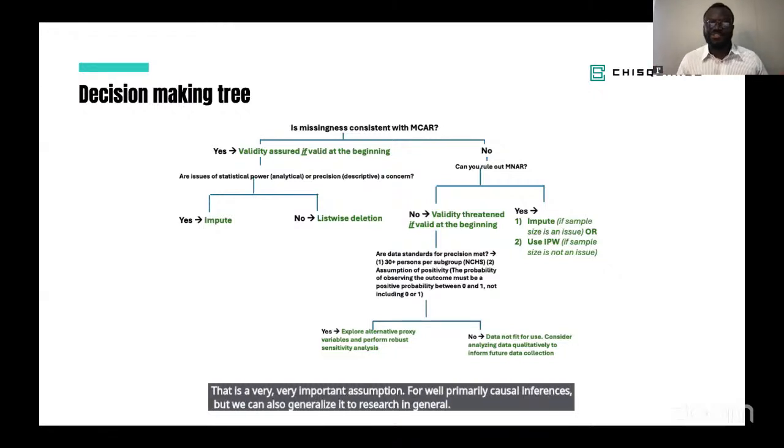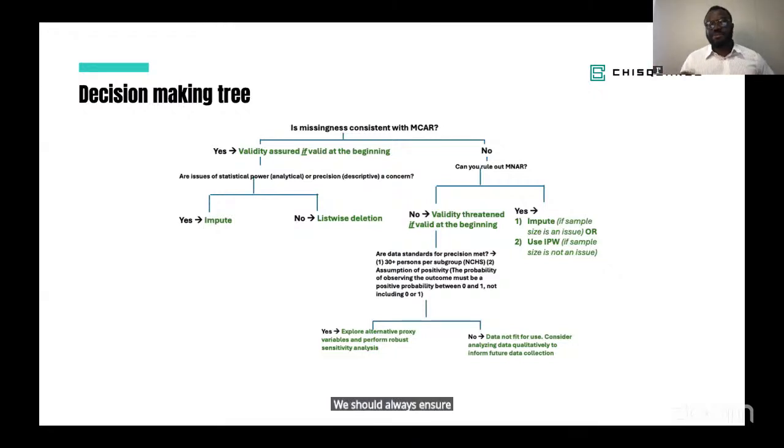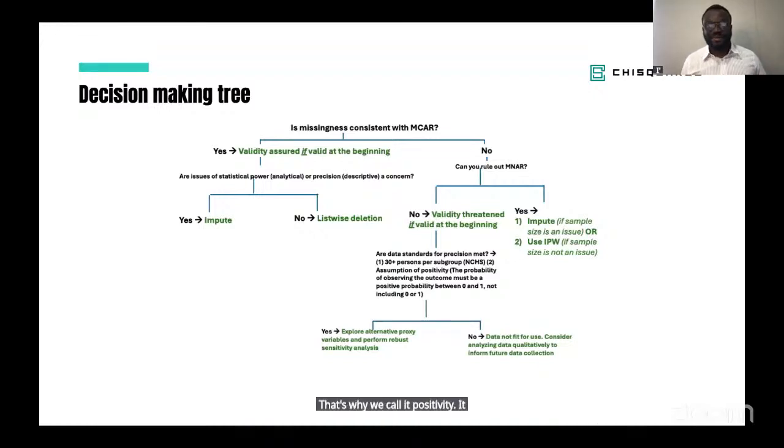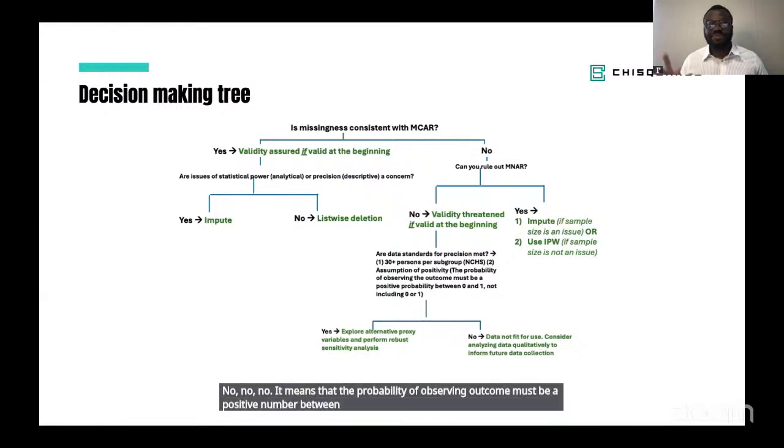We should always ensure there is positivity. Positivity means that in every group, the probability of observing the outcome must be a positive number. That's why we call it positivity. It doesn't mean that it has a positive vibe. No. It means that the probability of observing the outcome must be a positive number between 0 and 1, but not including 0 or 1.